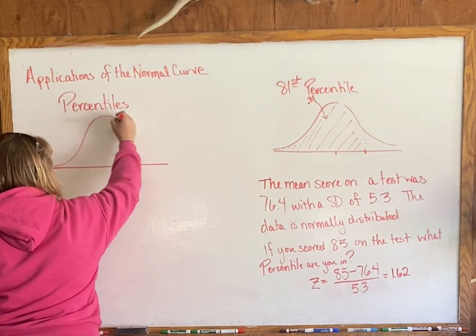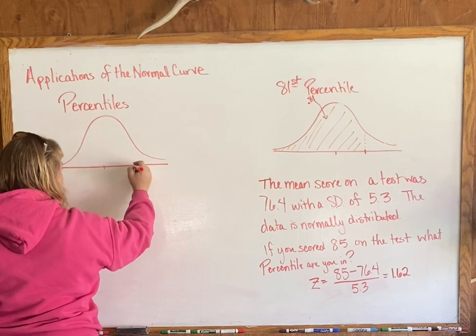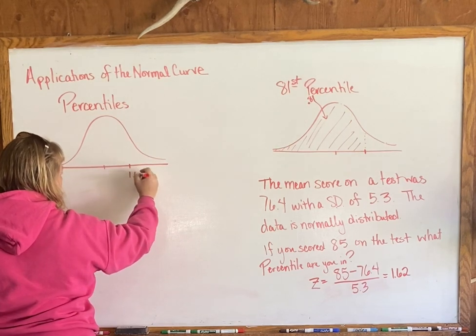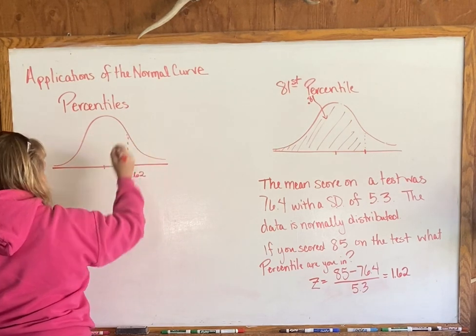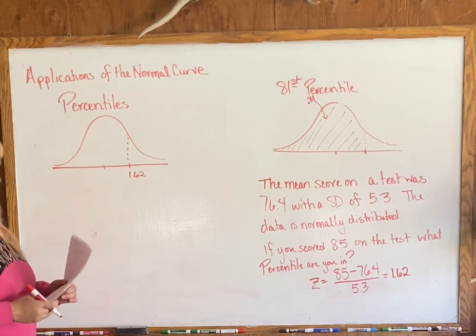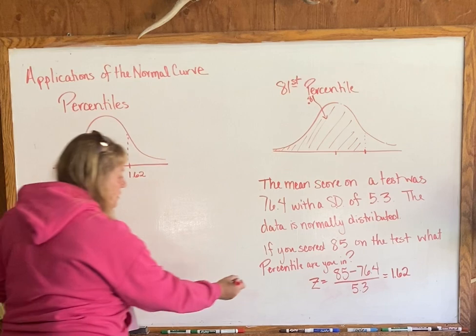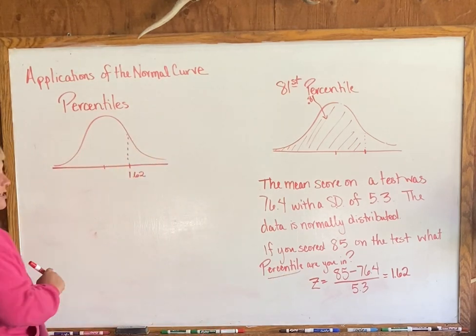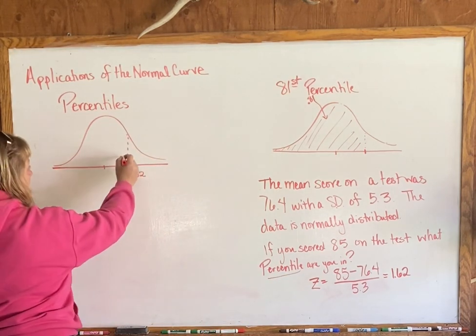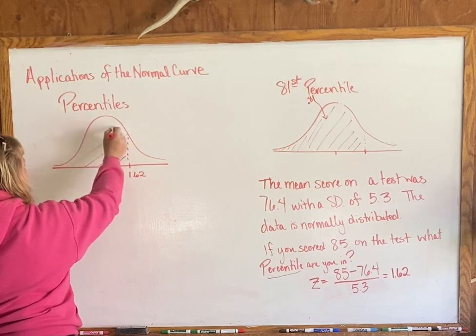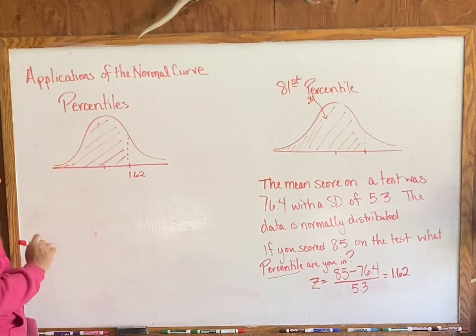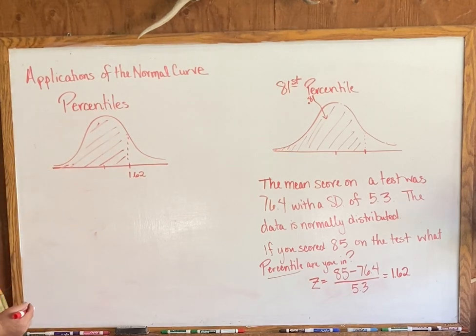So we put the 1.62, which would be somewhere around here, on our graph, and because it's asking us about percentile, which way do we shade? We go this way, don't we? Left tail, percentile, left tail. So what we need to do is find the area of that tail.